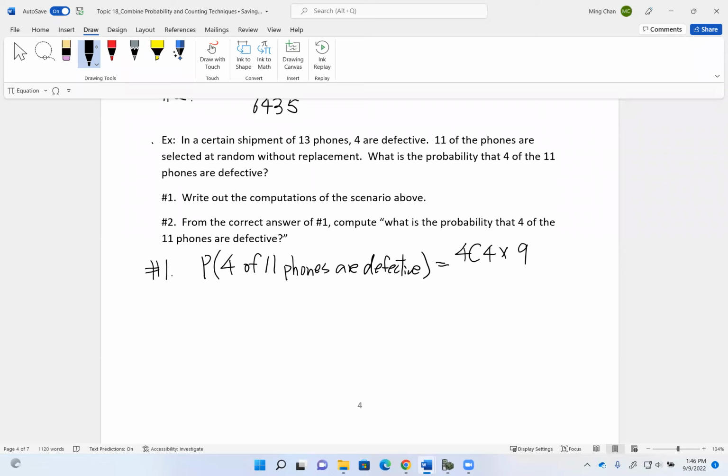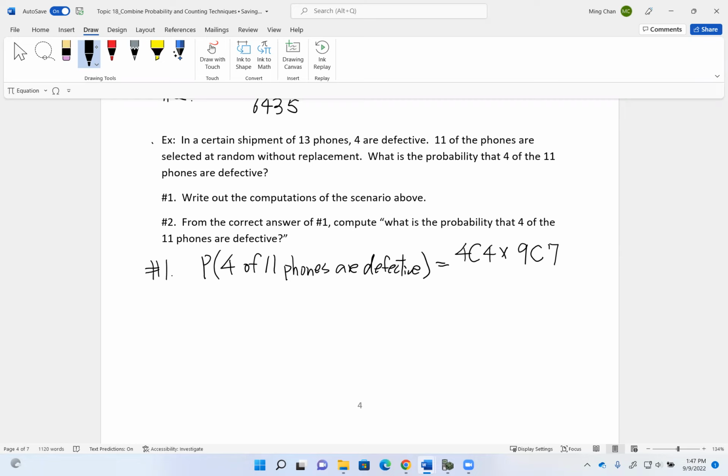So that will be 9 non-defective phones, choosing how many using combination? Well, I only need to take out 11 phones total. So if 4 of them I'm going to select are defective, out of the total 4 defective phones, that means there's only another 7 phones I can choose from. Does that make sense? Think about it. I have defective phones and non-defective phones.